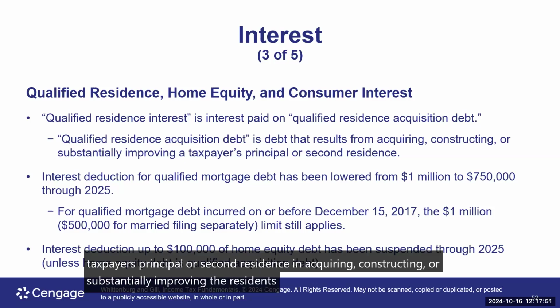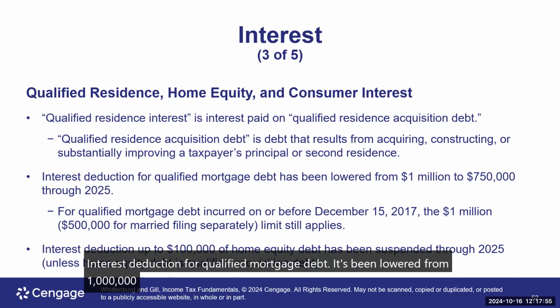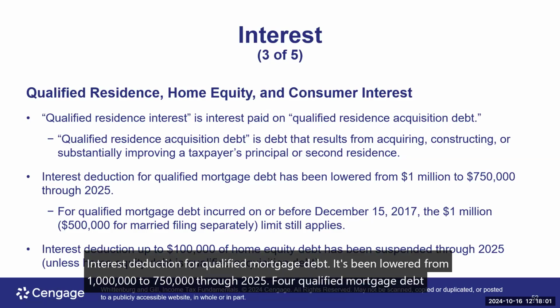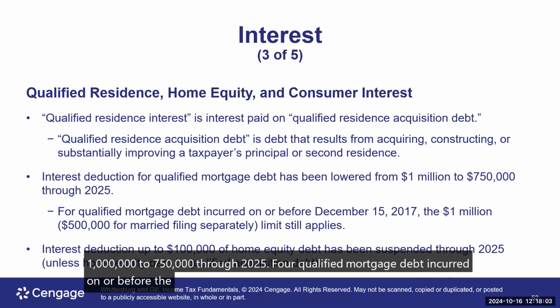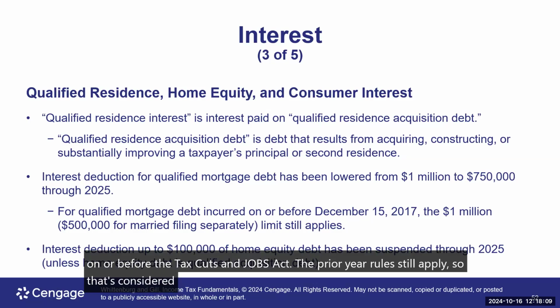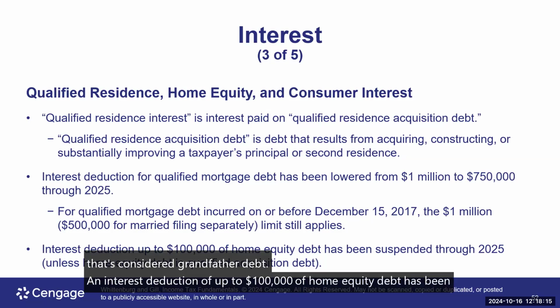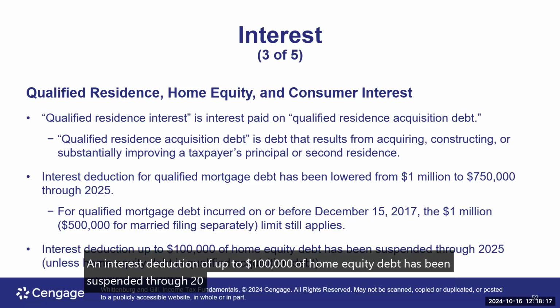The interest deduction for qualified mortgage debt has been lowered from $1 million to $750,000 through 2025. For qualified mortgage debt incurred on or before the Tax Cuts and Jobs Act, the prior year rules still apply. So that's considered grandfathered debt. An interest deduction of up to $100,000 of home equity debt has been suspended through 2025, again, in light of the Tax Cuts and Jobs Act.